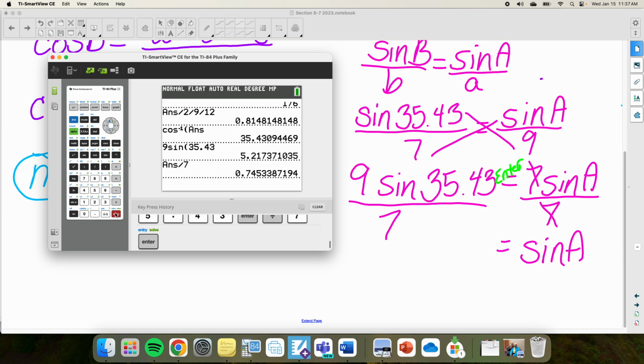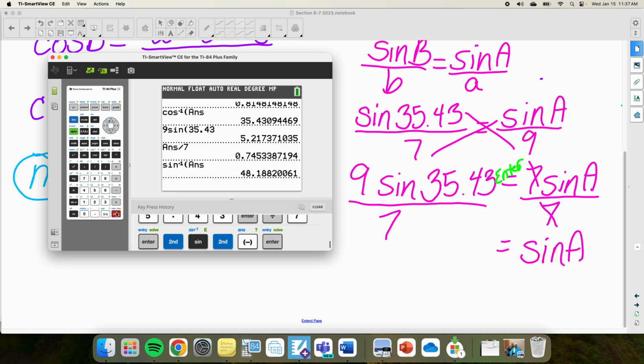Now, here's where this can be confusing. With law of cosines, you're going to do second cosine, second answer. With law of sines, you have to remember to go second sine, second answer. So law of cosines, make sure second cosine. Law of sines, you're going second sine. So second sine, second answer.